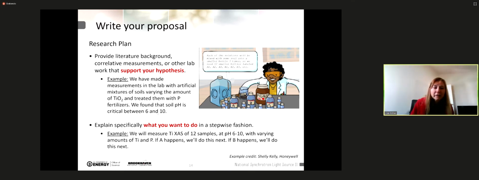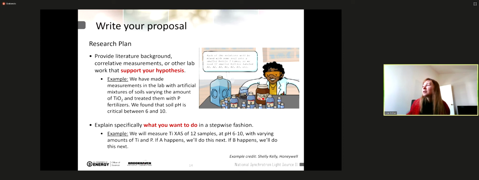The next thing you have to do is your research plan. So this is the bigger section of the proposal, where you have to provide literature background and correlative measurements or other lab work that support your hypothesis. So back to our titanium example in world hunger, it's really helpful to the reviewers to know that you've done your homework as far as prepping the sample, and that you know what you have.